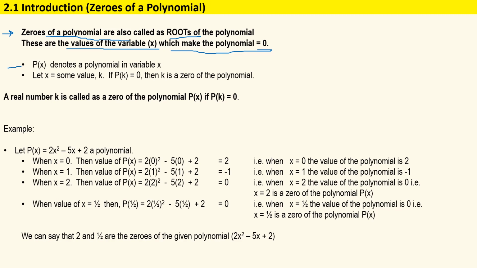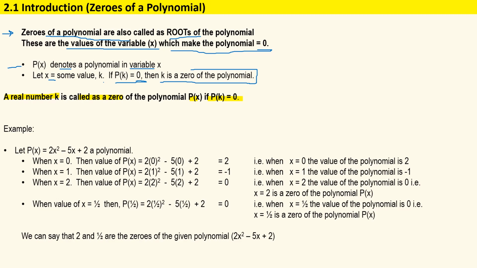So if p(x) denotes a polynomial in variable x, then if for a given x, let's say x is equal to k, and if p(k) becomes 0, then k is called a zero of the polynomial. We can put it in a more formal manner and say a real number k is called a zero of the polynomial p(x) if p(k) is equal to 0.